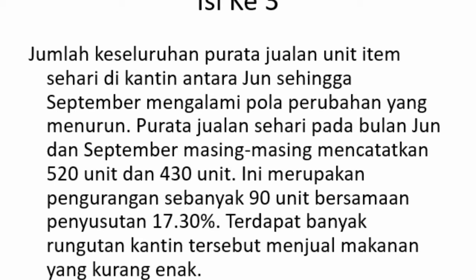Ini merupakan pengurangan sebanyak 90 unit bersamaan penyusutan 17.30%. Terdapat banyak rungutan kantin tersebut menjual makanan yang kurang enak. Okey, perhatikan dia punya pola is menurun kan? Tapi cikgu boleh asingkan dia ke isi yang berbeza dengan isi kedua because bilangan and jumlah is not the same thing.